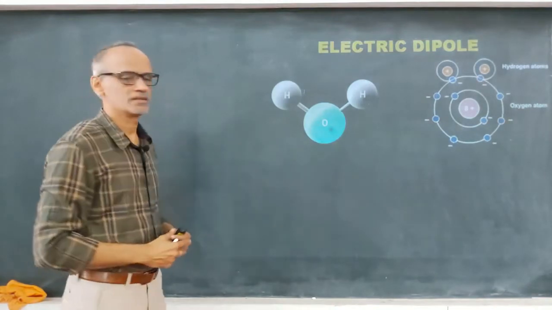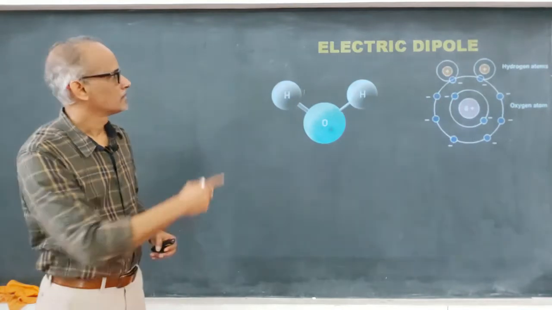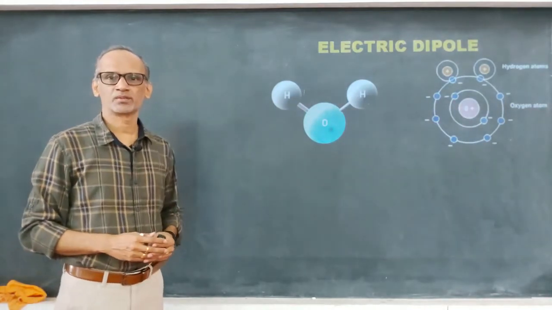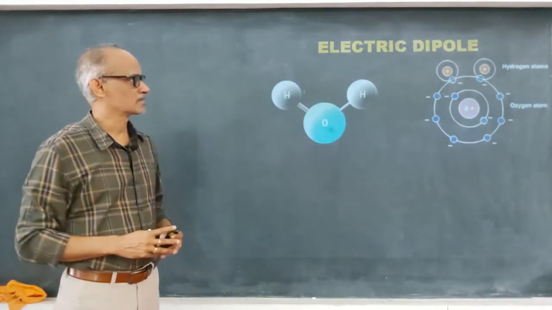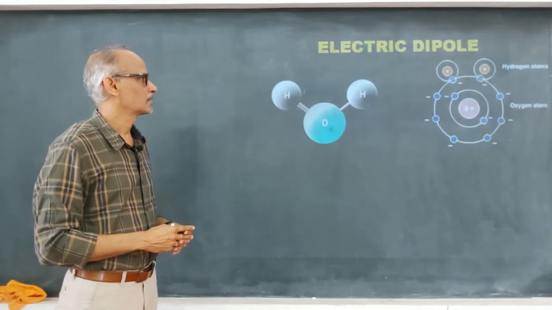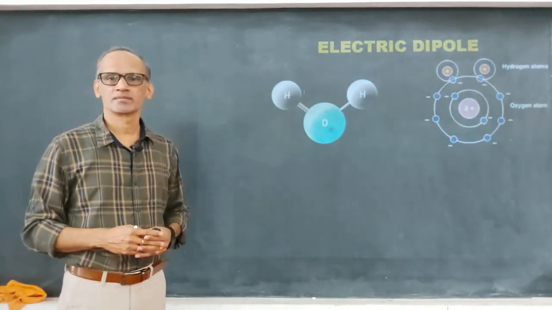And if you see the sharing of the electrons, you will find that in hydrogen there are a total of 2 electrons, and in oxygen altogether there are 8 electrons.